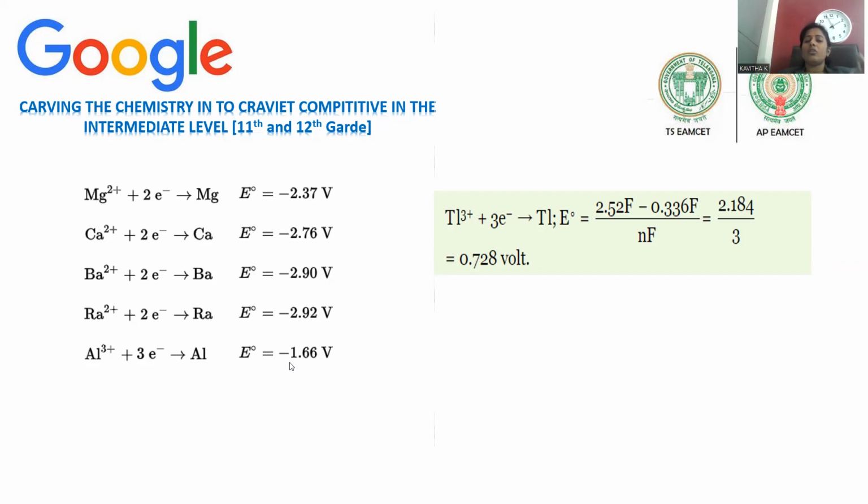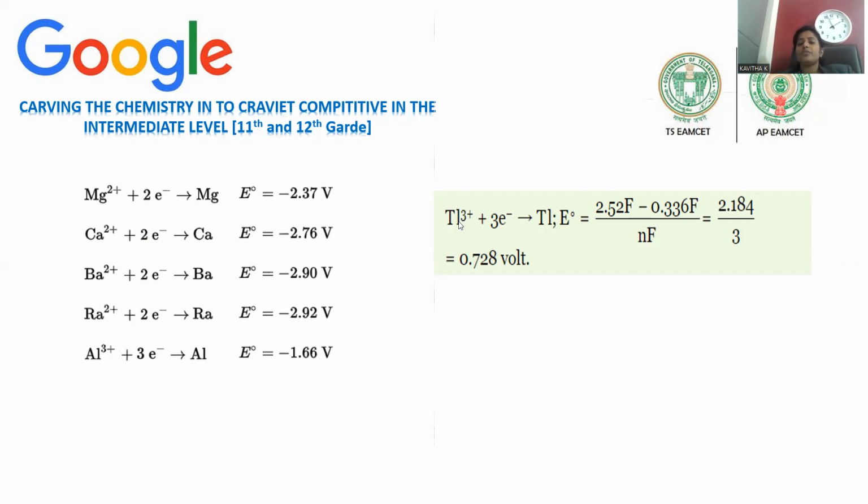In order to convert the oxidation value into a reduction value, a negative sign is indicated. So this is the reduction potential now, minus 1.66. This will be the least value.